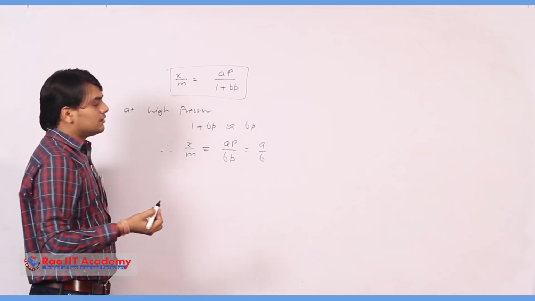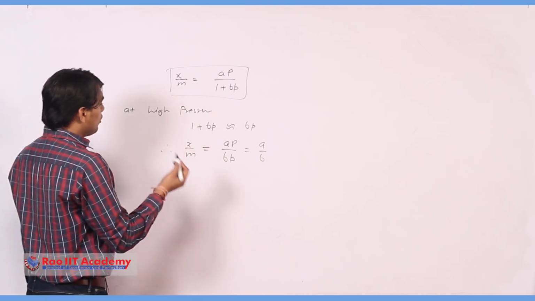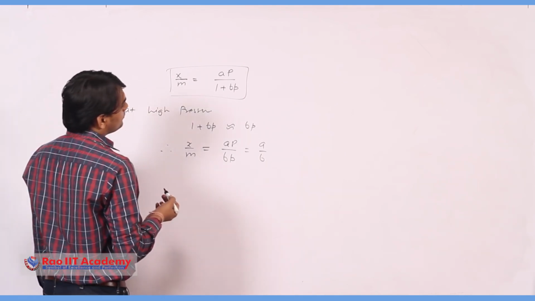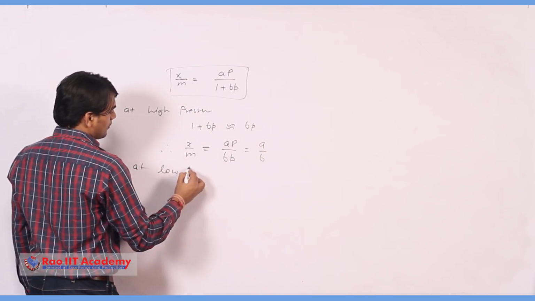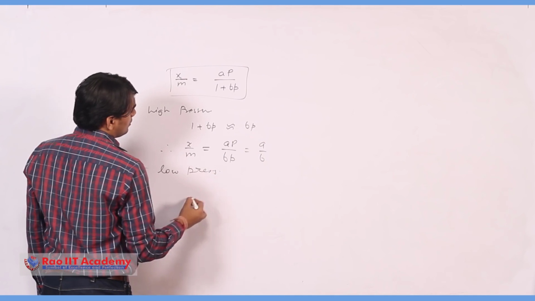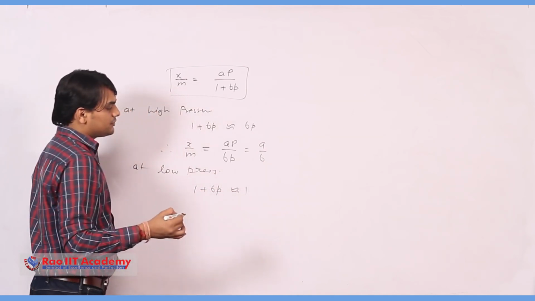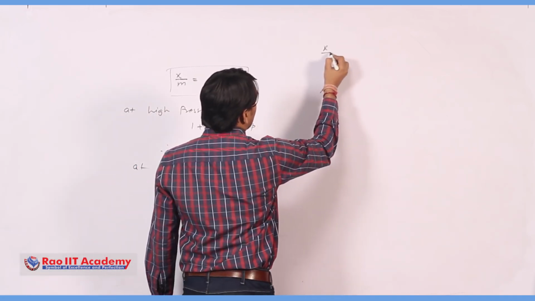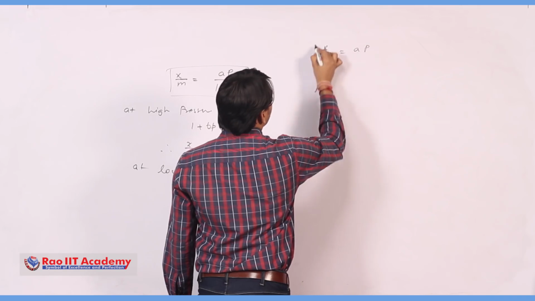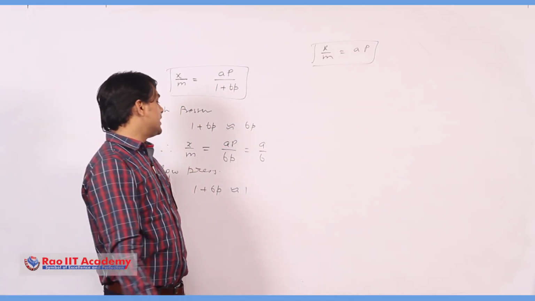Hence, at high pressure, pressure does not affect the extent of adsorption, while at low pressure we can write 1 plus B P is equal to 1, because P is very small. Therefore, our equation becomes x by m is equal to A P, that is, the extent of adsorption is directly proportional to pressure at low pressure.